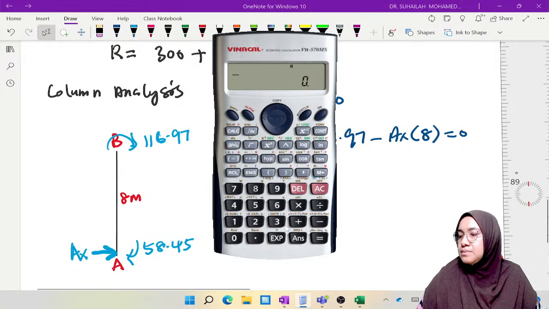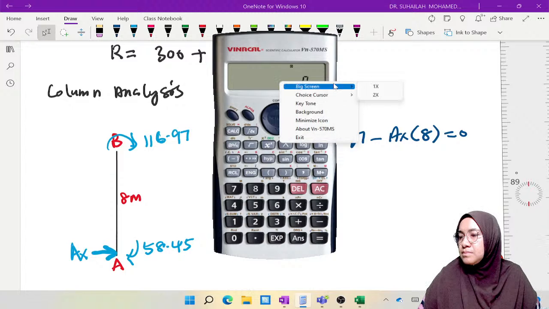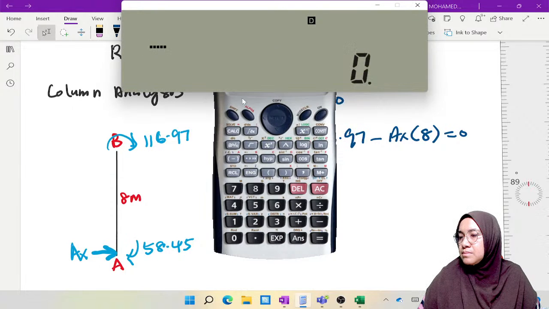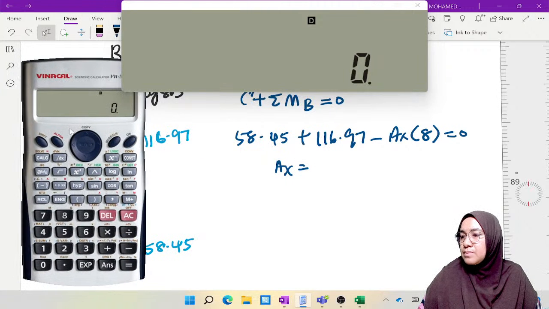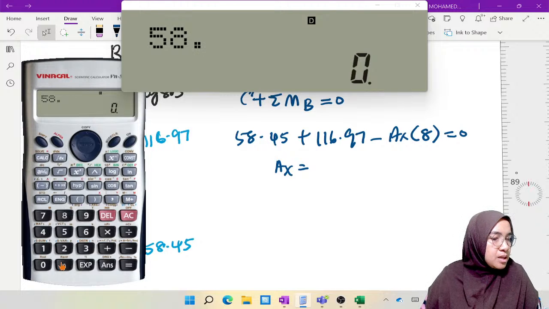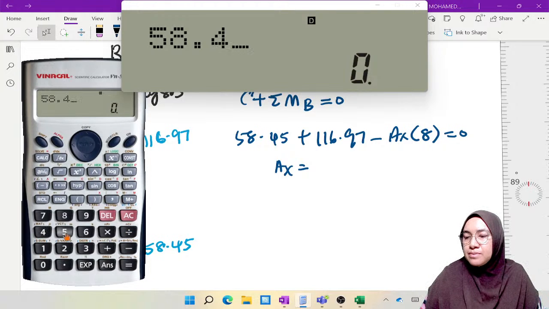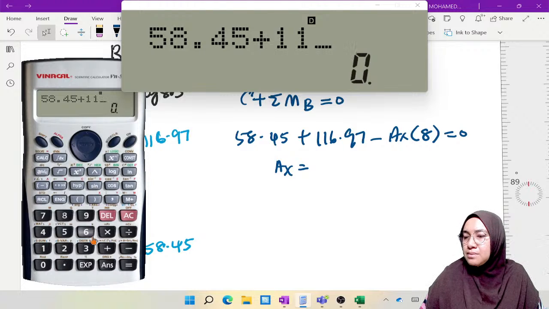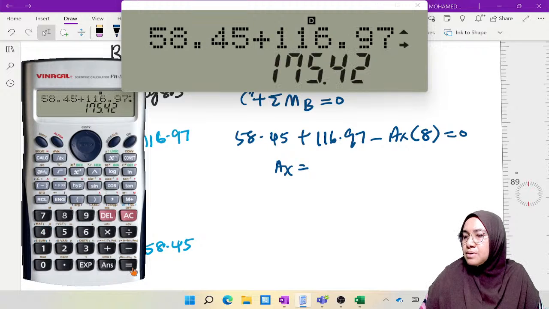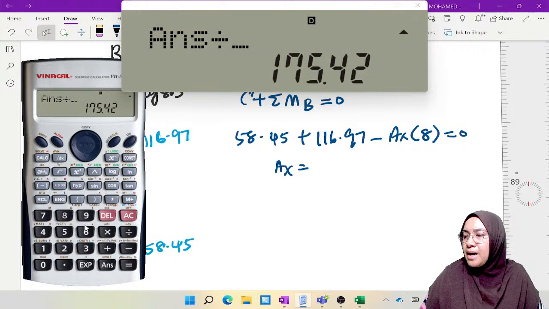Okay, it is 58.45 plus 116.97, total, divided by 8.